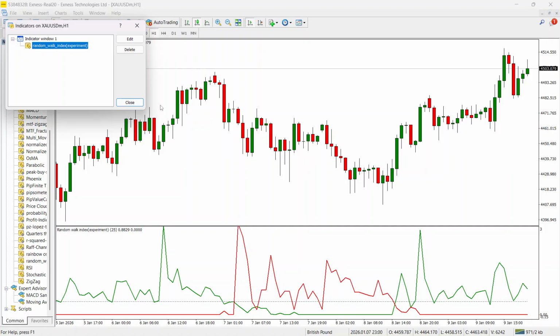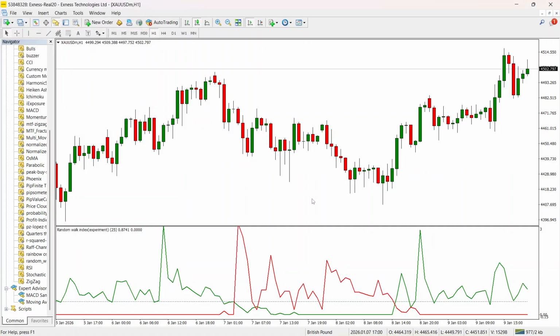The random walk index indicator is suitable for traders who want to distinguish between statistically significant trends and random price fluctuations across all currency pairs and time frames.